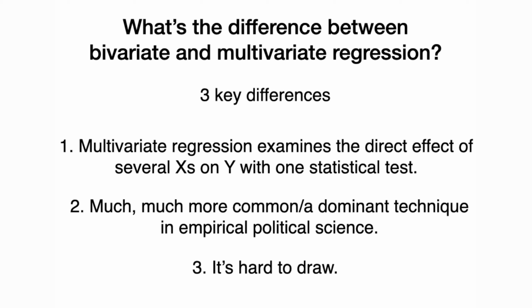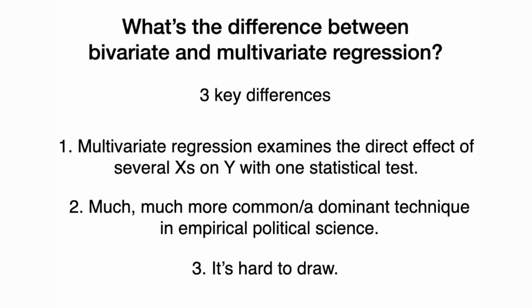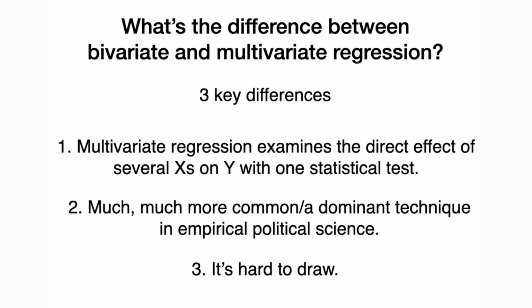The second key difference is that multivariate regression is much, much more common in empirical political science. I would say that it's a dominant technique, if not one of the most common techniques used by people who do this kind of research. That's true in political science, but I also think it's true in fields like sociology. A lot of economics uses this as its foundation as well.